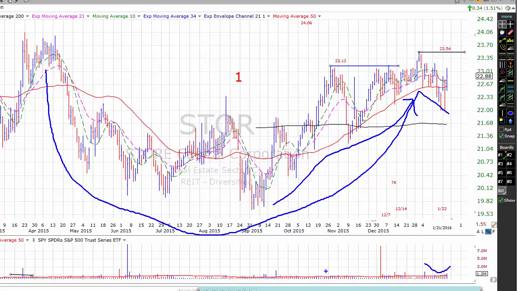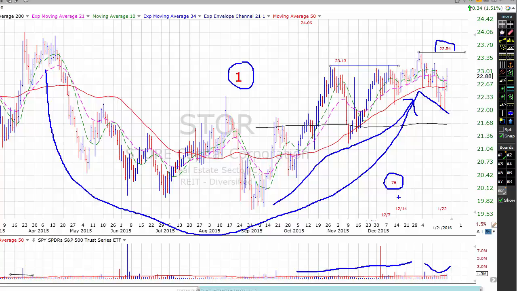And we see that for the most part, volume has picked up on the right side of the base. This is a first stage cup and handle base with a pivot point in the 23.54 area. Store Capital gets a 76% checklist rating, which right now is a tremendous rating after the correction that the market's gone through.